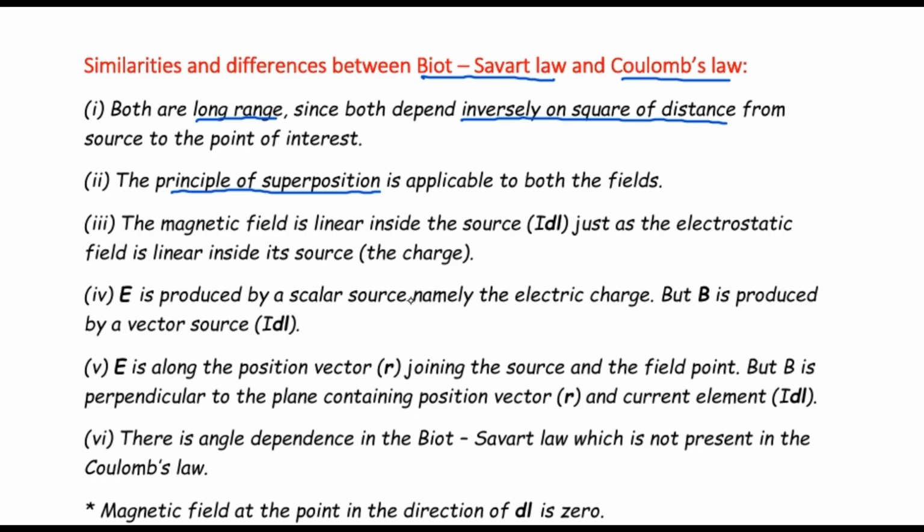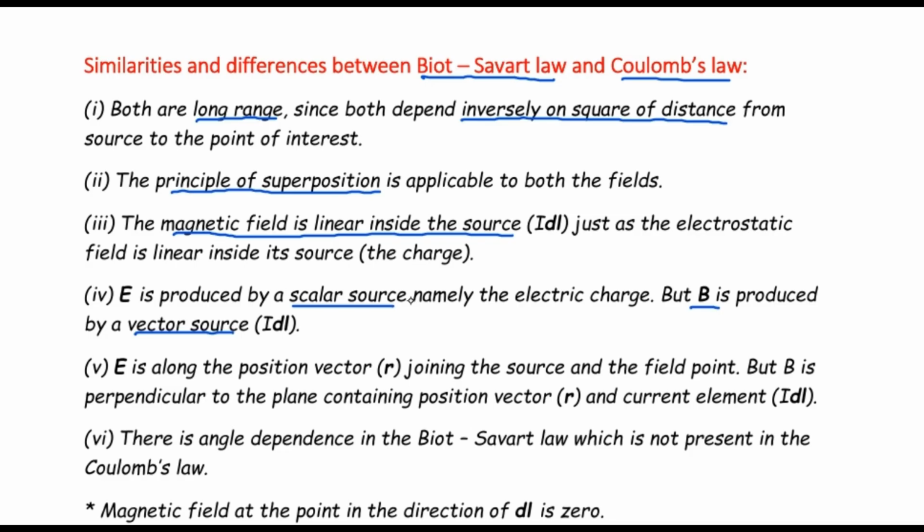The magnetic field is linear in the source. That means dB is directly proportional to I dl, just as the electrostatic field is linear in the source. The electric field is produced by a scalar source, namely electric charge, but the magnetic field is produced by a vector source, that is I dl bar.